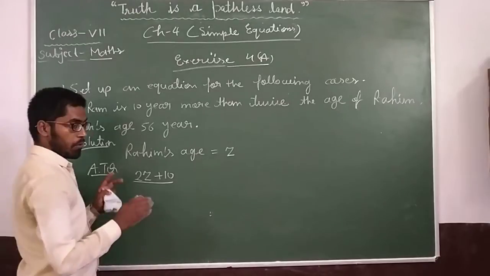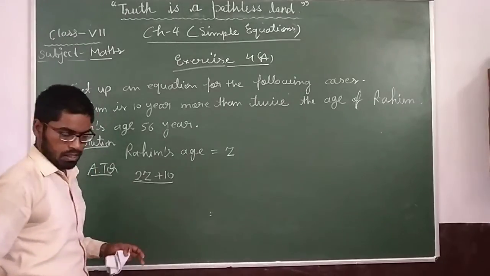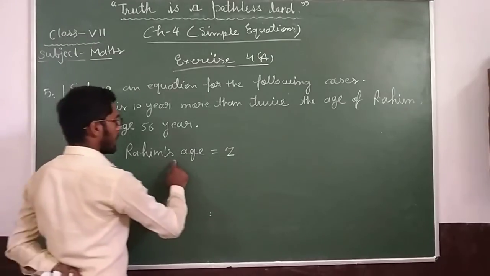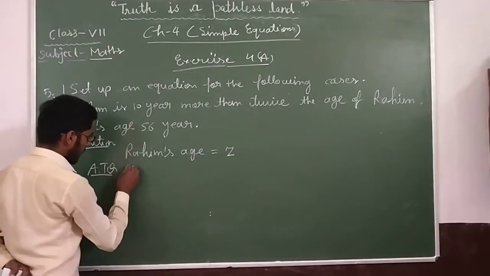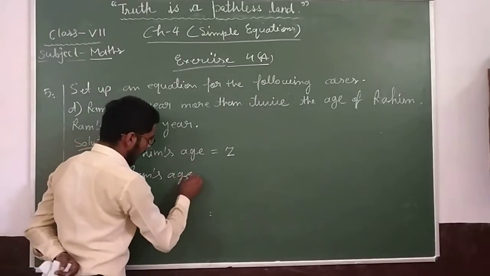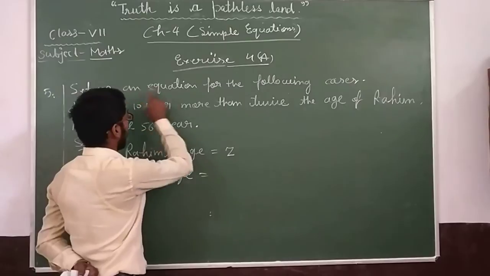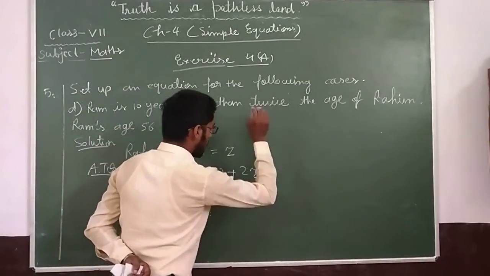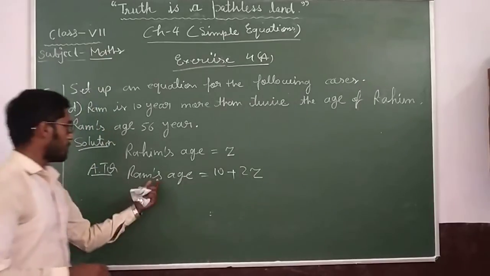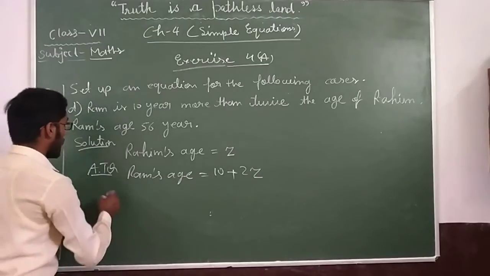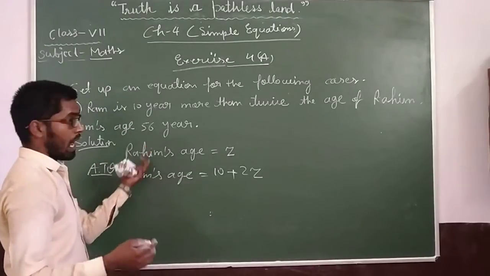Okay. If you are not understanding, let me do it in a statement. See, Rahim's age is Z, then Ram's age is 10 more than twice Rahim's age. It means this is Ram's age, and in your question Ram's age is given as 56. It means both should be equal because Ram cannot be different.